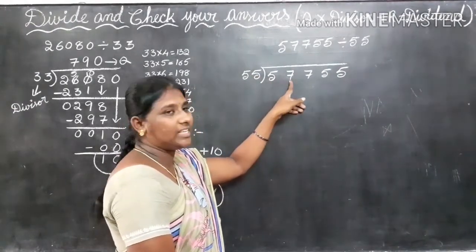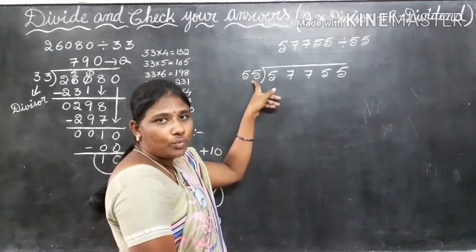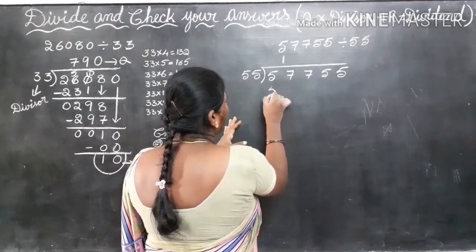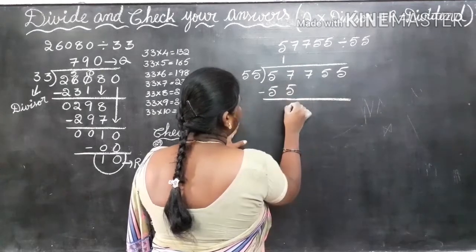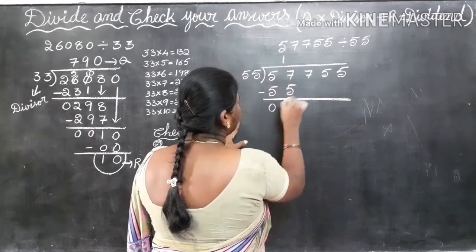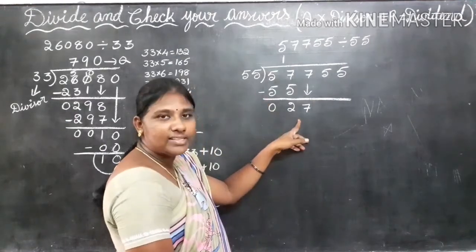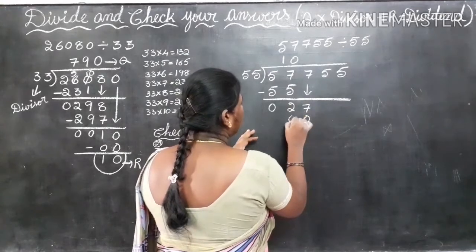So we have to take 57. 57 is greater than 55. So we can do 55 ones, 55. 7 minus 5, 2. Here 0, here 7, 27. In the 55 table, 27 will not come. So 55 zeros, 0.